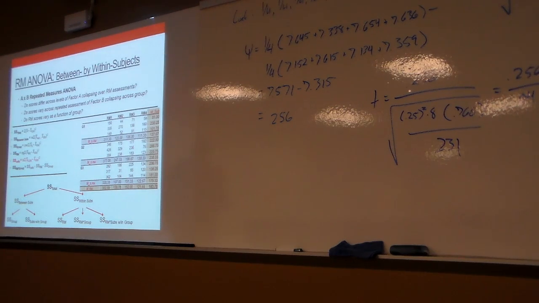Okay. And then over here, we can go through and get our sum of squares from our repeated measure. This is going to be our mean of our repeated measure for each repeated measure here minus the group mean. So this minus this minus this deviation, that minus that minus that. So square deviation. So what we're looking at is variability in our score relative to our grand mean across repeated measures, right?